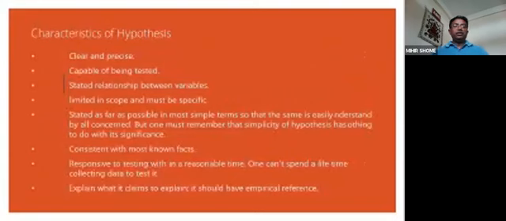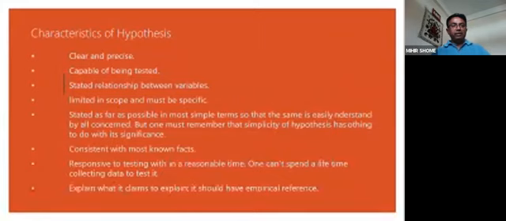Next slide, what are the characteristics of the hypothesis? It should be clear and precise. Clear means what we actually want to do, and precise means actually we are getting that. Capable of being tested. That means the hypothesis is going to be tested. It states the relationship between variables, dependent, independent, whatever.